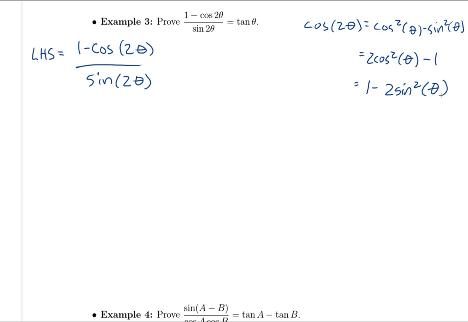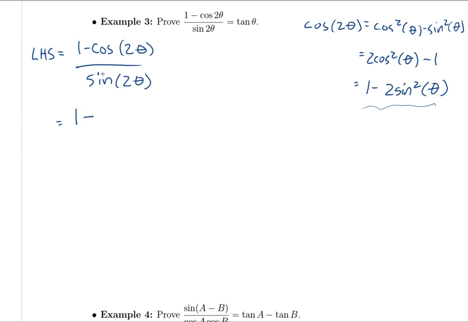Now, my thinking here is that this one's the best choice because I know that tangent's got a sine on top, so I'm going to pick the one that just has sines in it. So I'm going to take 1 minus, and then I'm going to replace the cosine of 2 theta with this. But remember, be careful when you do that.